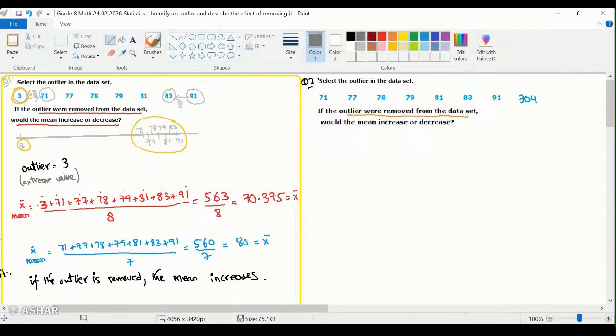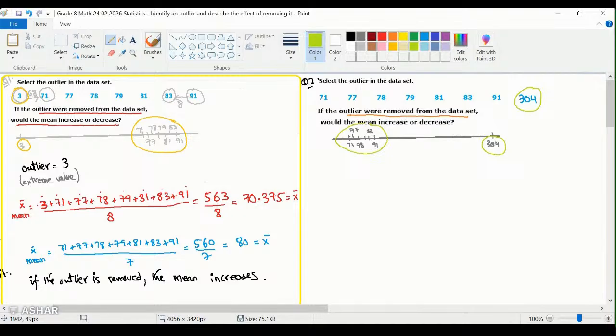If we draw a number line, just for our convenience, we can say 71, 77, 78, 79, 81, 83, and 91 were very close. But 304 was far away. So these numbers are together and 304 is the outlier for us.